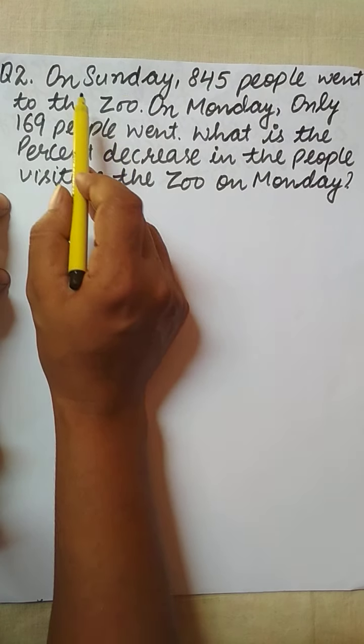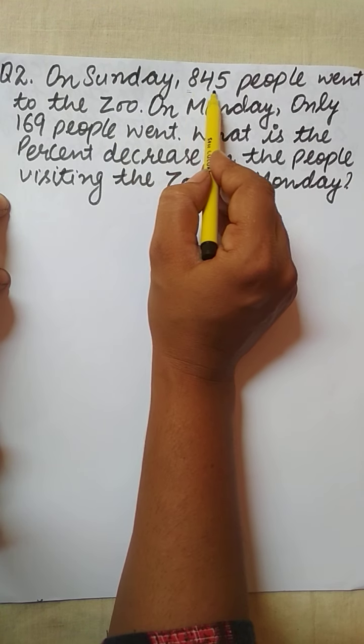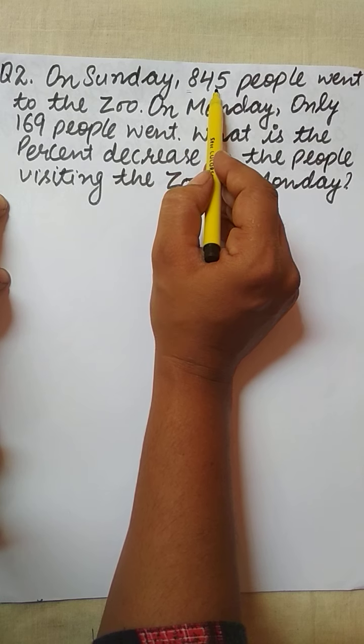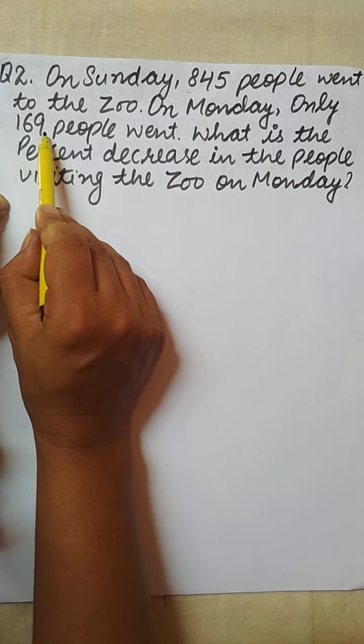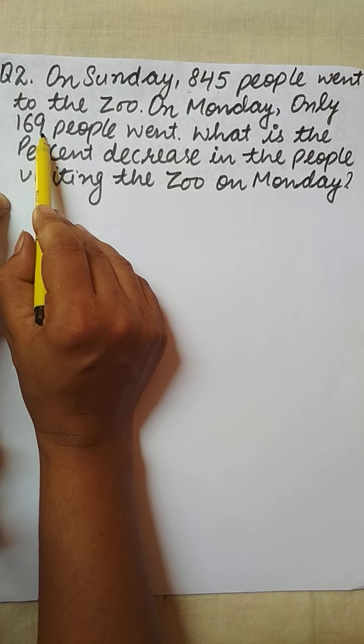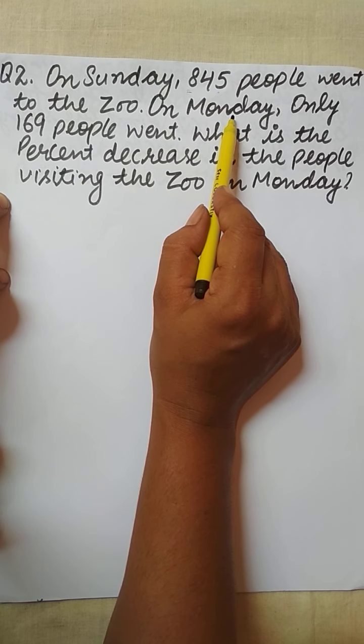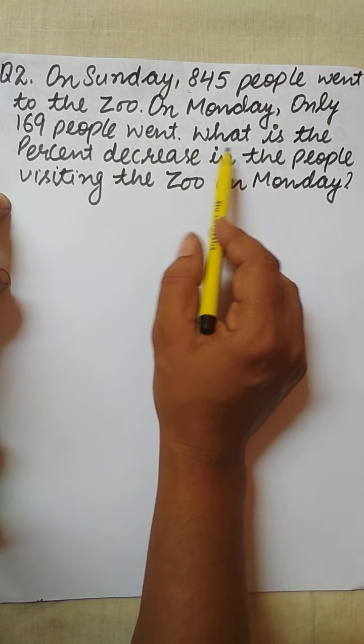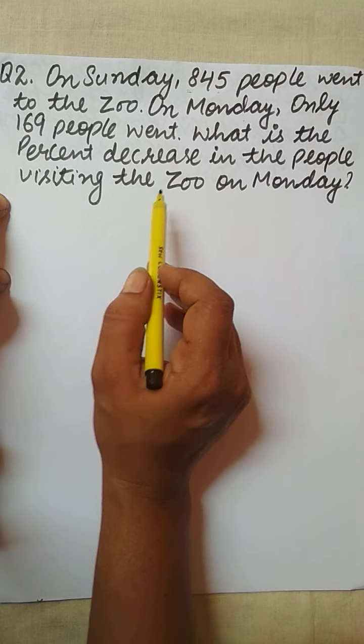Now, firstly, this is the original value. 845 is the original value. 169 is the new value, the people who visited the zoo on Monday, and we have to find out the percentage decrease.